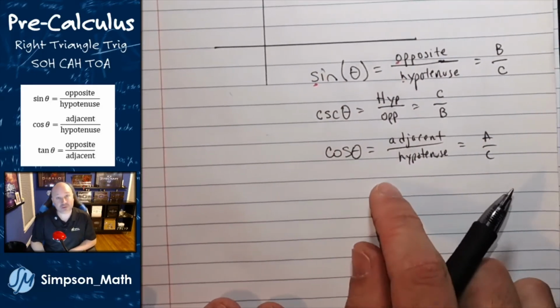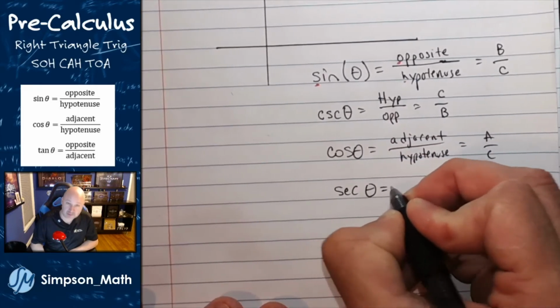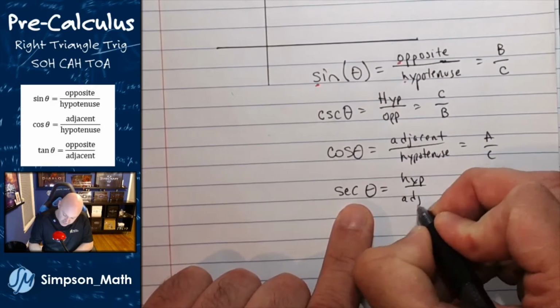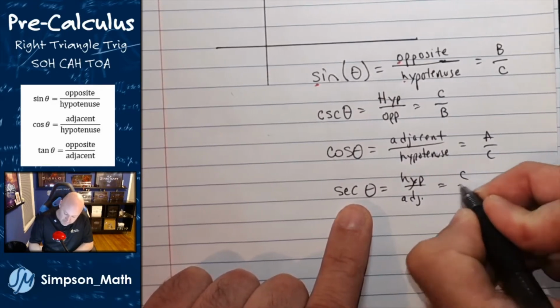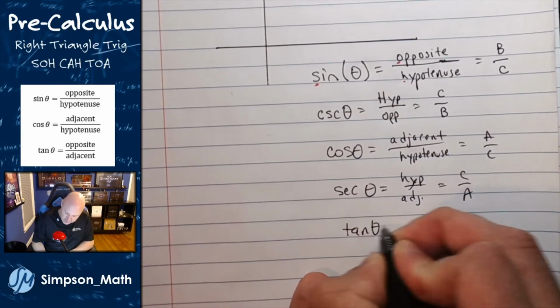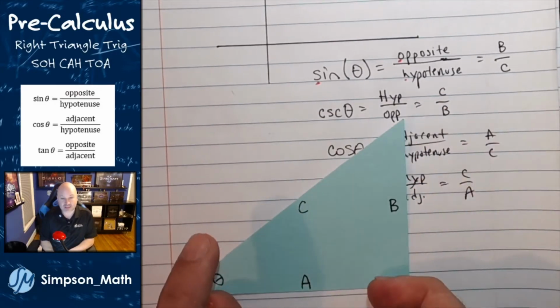Well, if you know cosine, then you know the reciprocal function secant. Secant of angle theta is defined as the hypotenuse over the adjacent. The reciprocal, C over A. Tangent, normally defined as y over x.